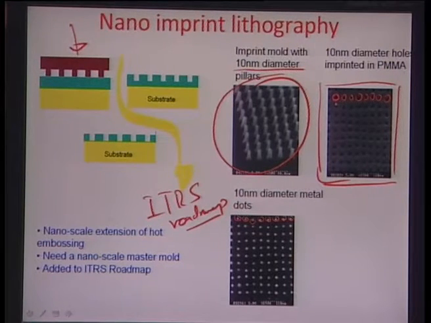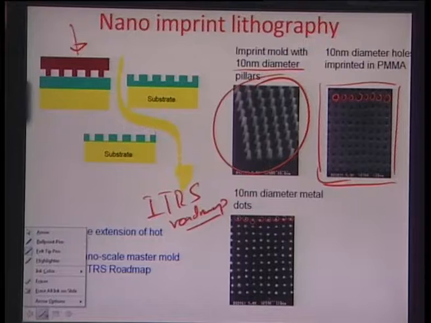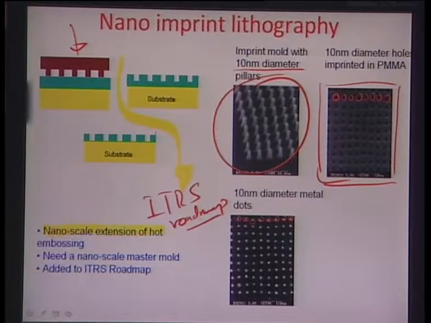The shadow mask is later removed and you have an array of these fine dots, and these are used off and on for a lot of micro nanoscale electronics. In a nutshell, nano imprint lithography is the extension of the hot embossing process, and all you need is a nanoscale master for this, and especially this process has been added very recently to the ITRS roadmap.